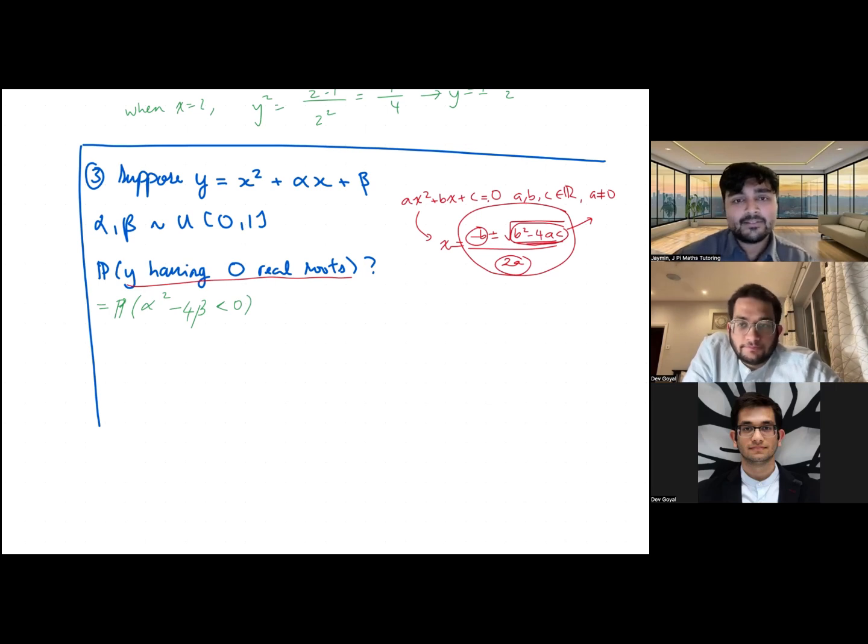Awesome. So shall I return back to this problem over here? Okay, so we've boiled the problem down to saying: what's the probability that alpha squared minus 4 beta is negative, or in other words, what's the probability that alpha squared is less than 4 beta?